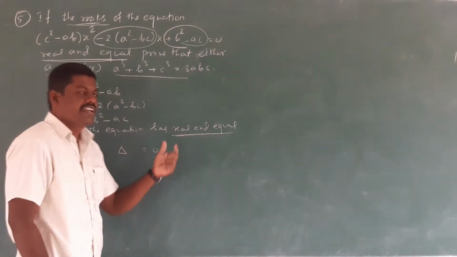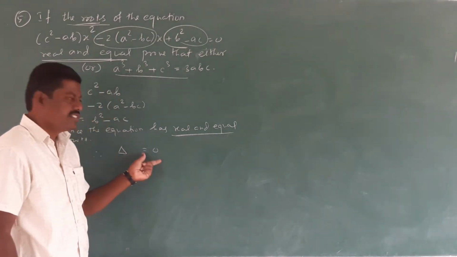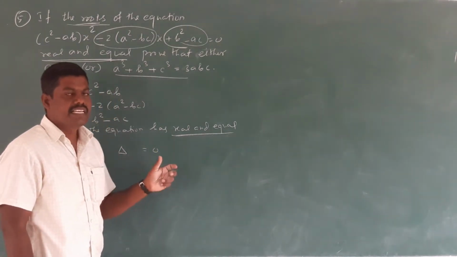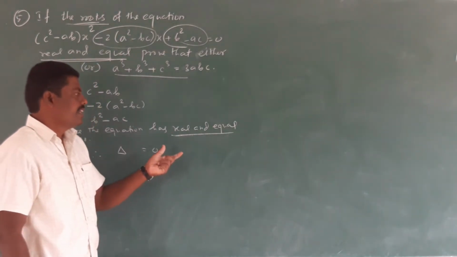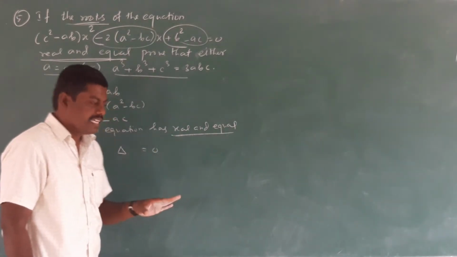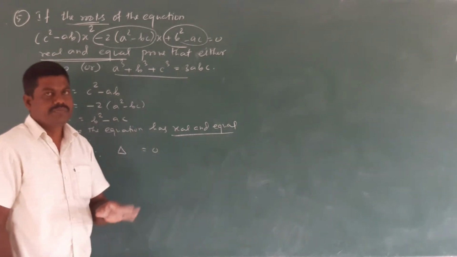Then real and equal roots will come; delta equal to 0, then only the equation has real and equal roots. Already given in our question, real and equal roots is given. Therefore, the delta value must be 0.